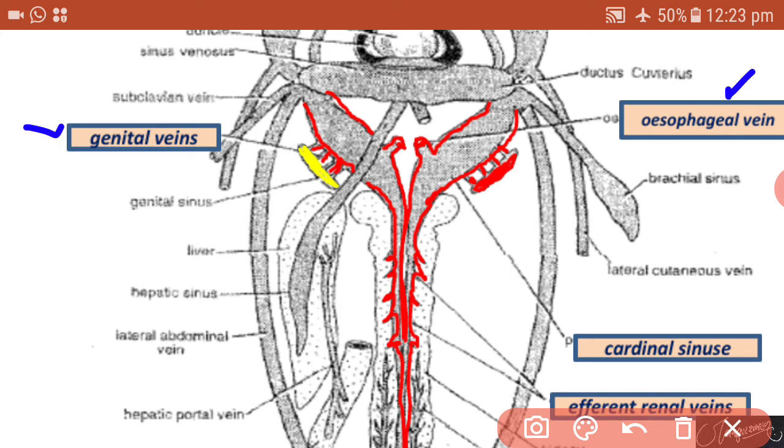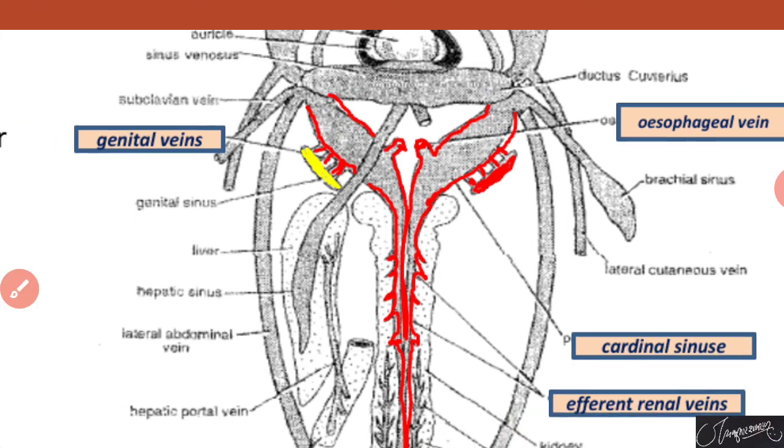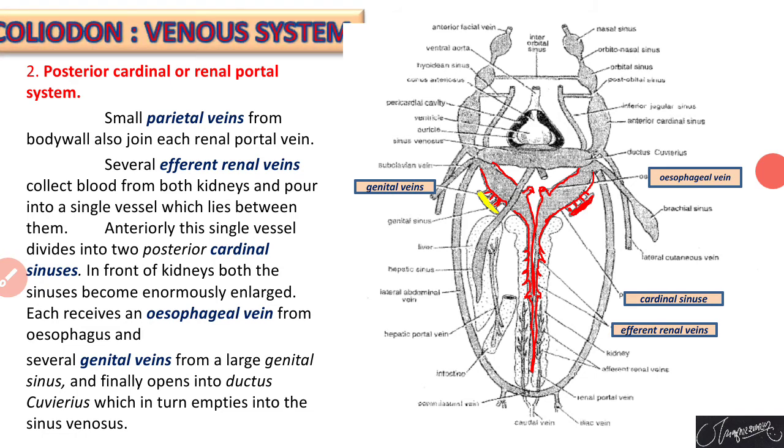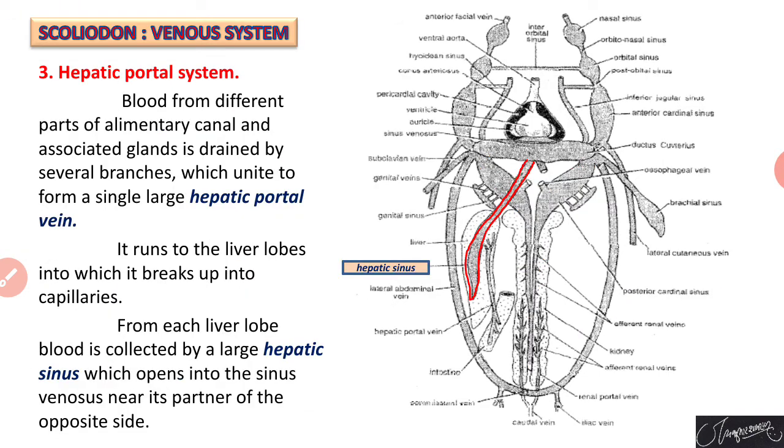Finally this cardinal sinus opens into a large sinus called the ductus cuvieri, and then opens into the sinus venosus. This is about the posterior cardinal or renal portal system.